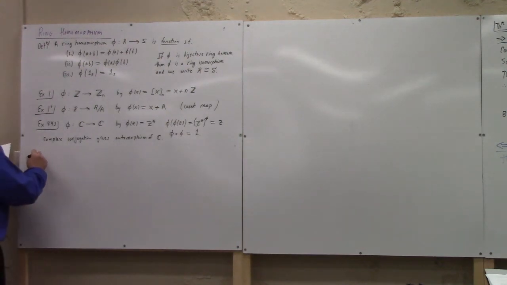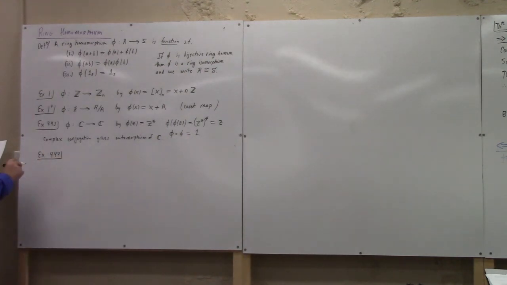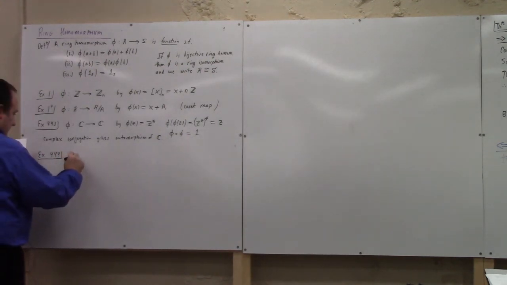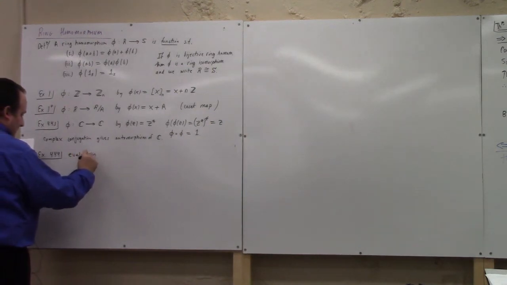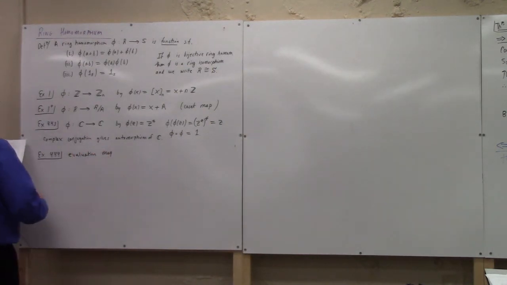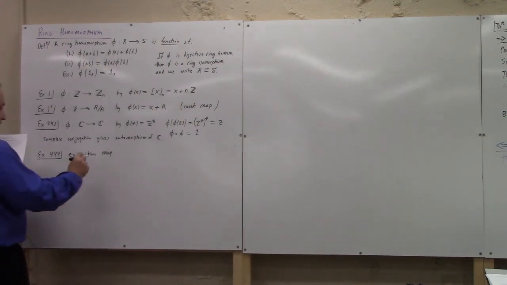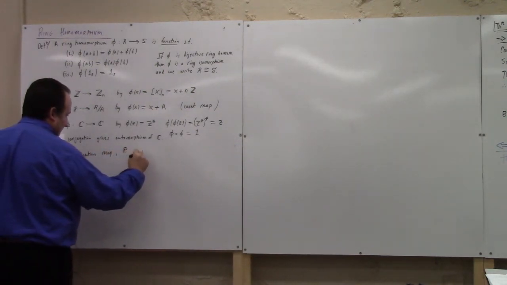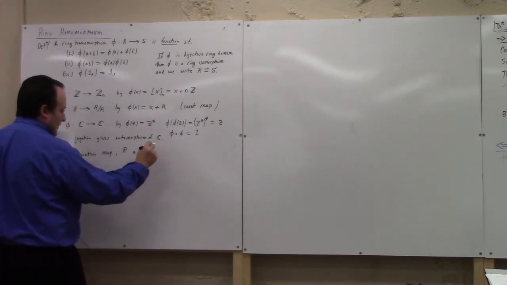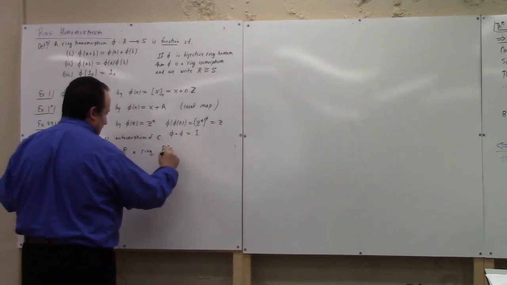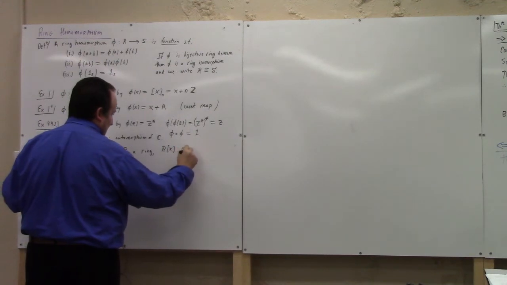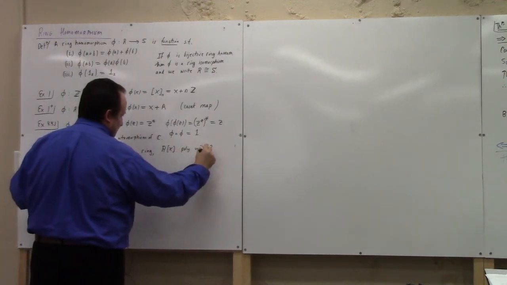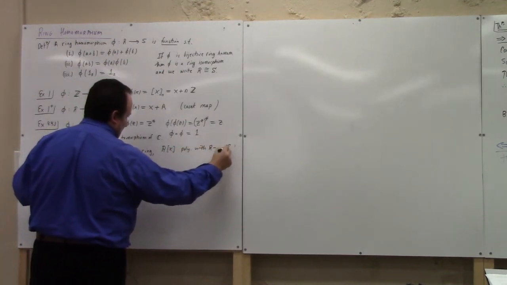Example, now this is a really powerful example that will be with us through certain abstract discussions, but there's also this thing called the evaluation map. So here we have a ring, and then R of x, polynomials with R coefficients, right?